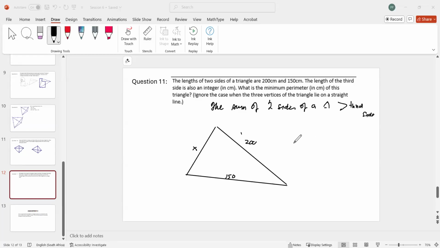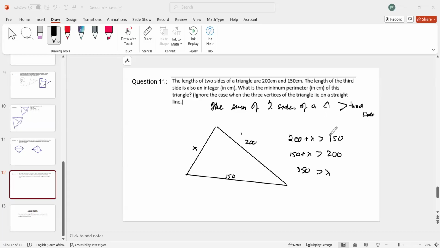So according to this, now you got 200 plus x is greater than 150, and you got 150 plus x is greater than 200, and you also have 200 plus 150, which is 350, is greater than x.